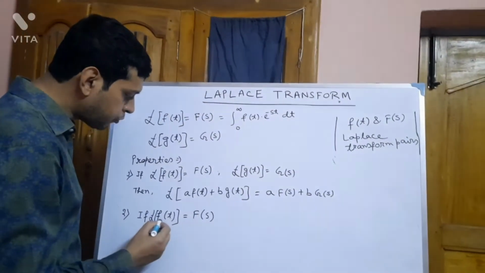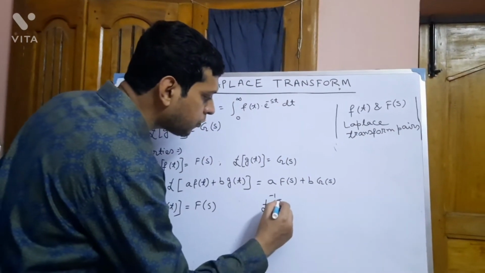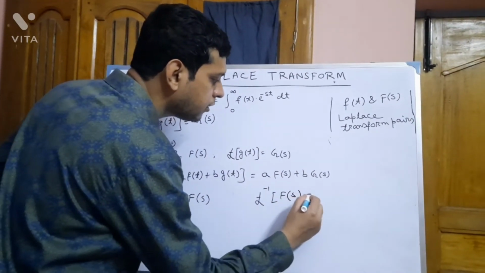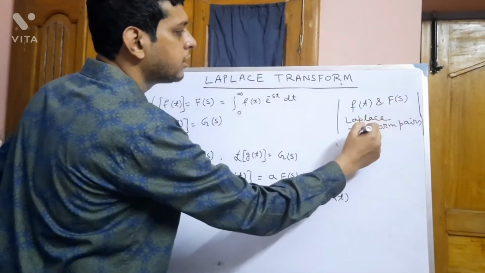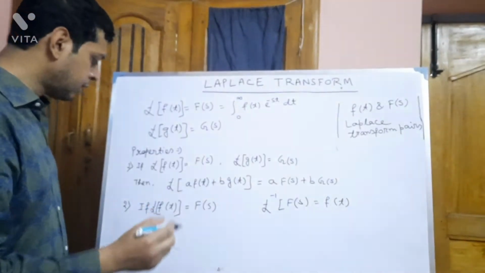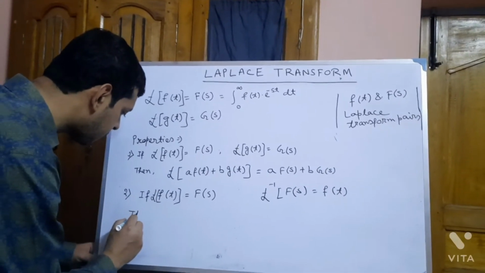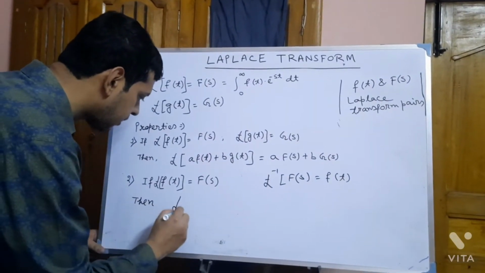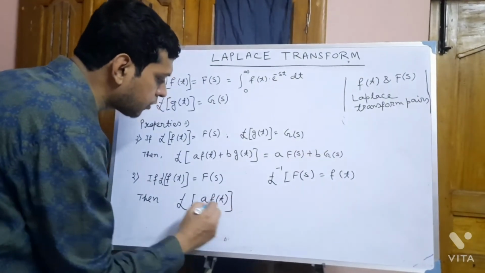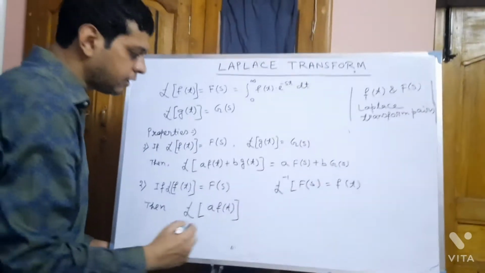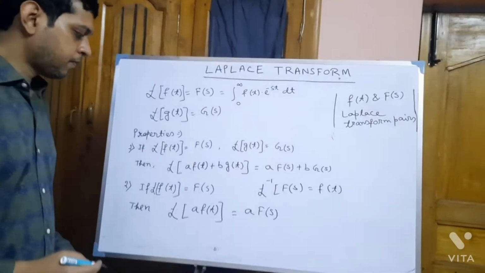If the Laplace transform of f(t) is equal to F(s), or the inverse Laplace transform of F(s) is equal to f(t), then f(t) and F(s) are called Laplace transform pairs. Now, if the Laplace transform of f(t) is equal to F(s), then the Laplace transform of a f(t), the product of a and f(t), is equal to a into F(s).